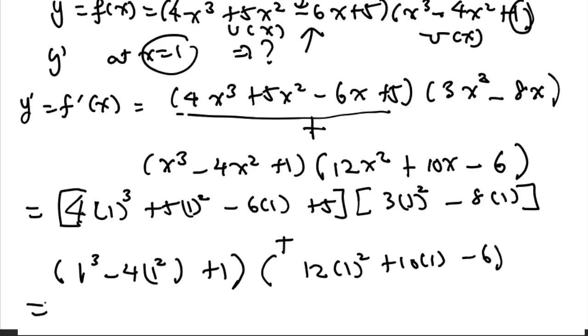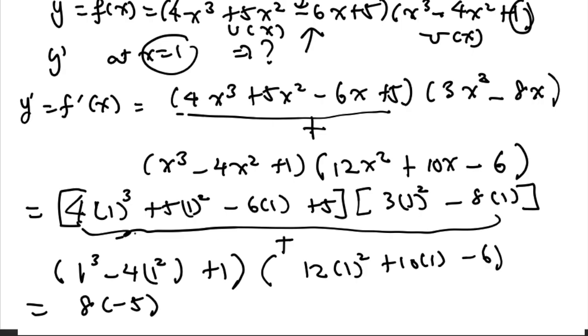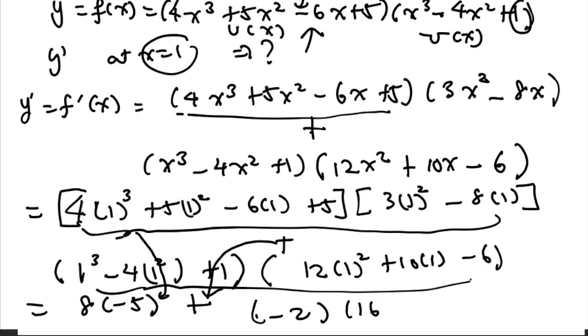So when you calculate it, you're going to get 8 times minus 5 for the whole thing here, plus, which is this plus, and then minus 216 for this one. Then when you total up, it becomes minus 72.